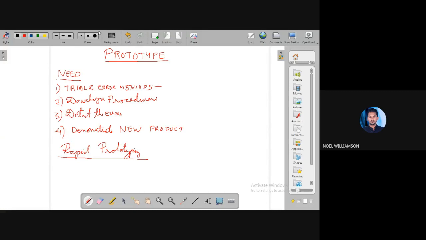So he will be able to experiment with the prototype for assessing the functionality of the system, how much it will work, or what the functionality of the product is, how it will function, whether it will be reliable over a period of time, etc. And continuous changes will be done on the prototype based on the trial and error methods.